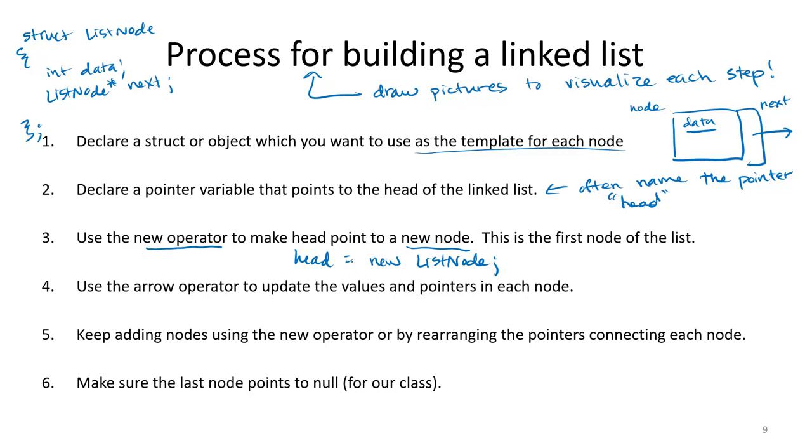Notice if we say head equals new list node, that will make our head pointer point to a new node or a new struct of list node type.